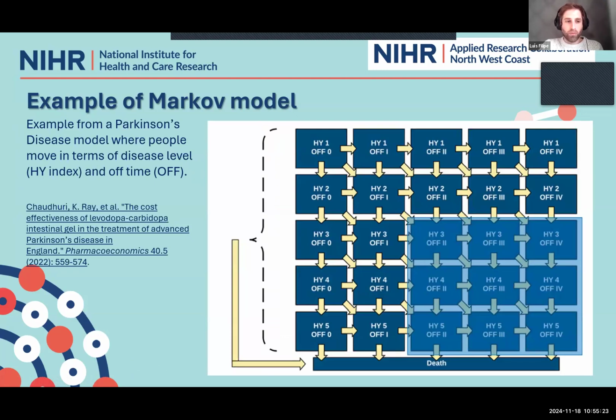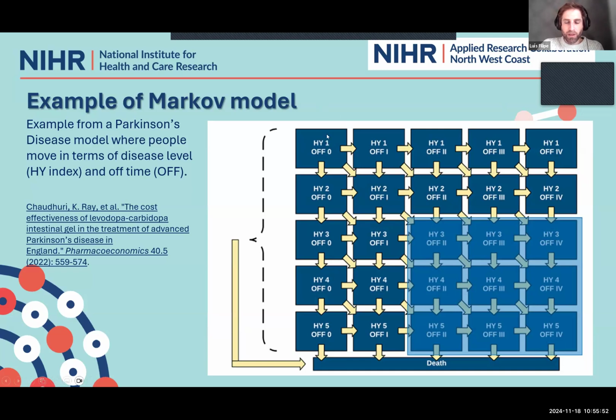This one is again from the paper that we are using, that we did our first RaCEEs on, and what they had was Parkinson's disease, and they had a new treatment that they wanted to check. And within Parkinson's disease, they had several states. So these HY, you can see them as the severity in some sense.